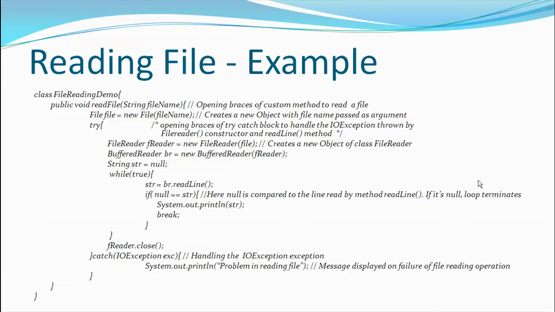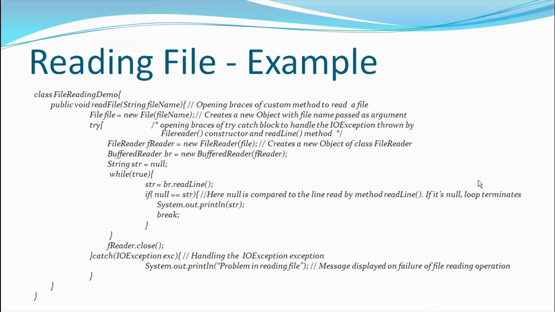In the next statement, we are checking whether the string is null. That is, null is compared to the line read by the method readLine. This happens only when the entire file is read. That is, if the entire file is read, this readLine will finally return null.